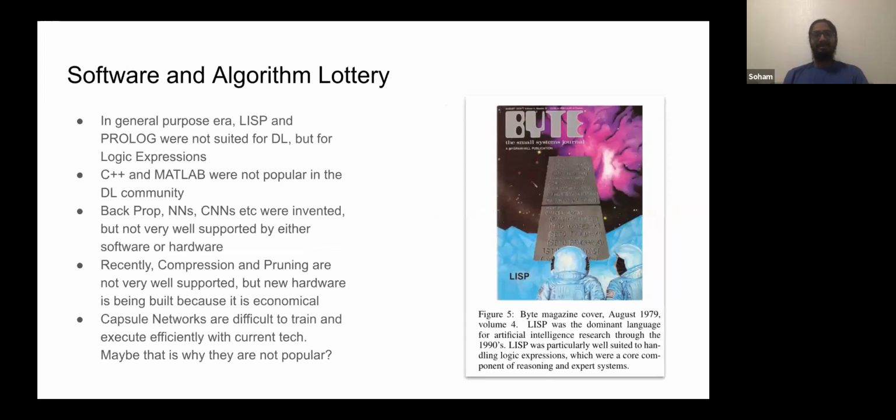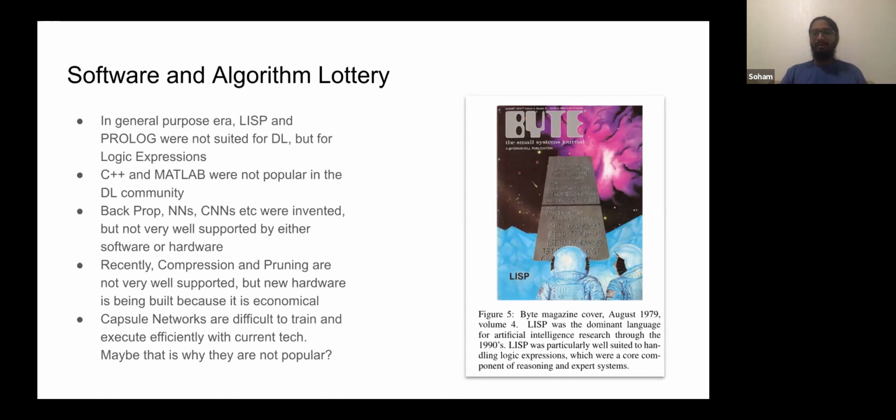So the next thing is, we talked about hardware. What about software and algorithms? In the 1990s, in this general purpose era, the more common programming languages were Lisp and Prolog. And these were not suited for deep learning.